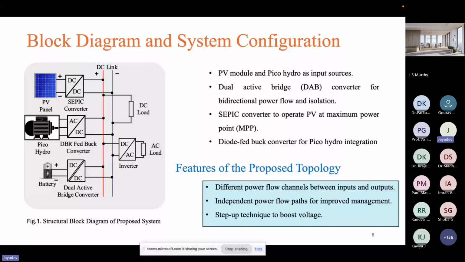Whenever it is needed, it can supply energy to the DC link to stabilize the voltage. And whenever the DC link power is more, it can extract from the DC link so that the DC link voltage remains constant.